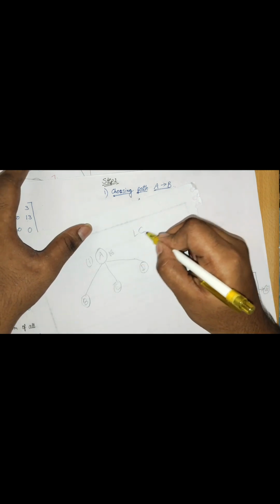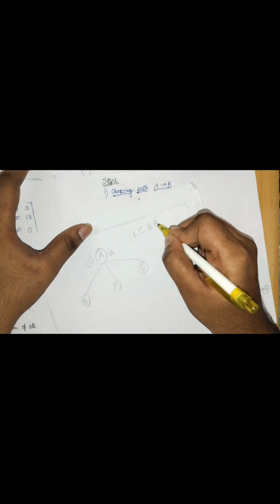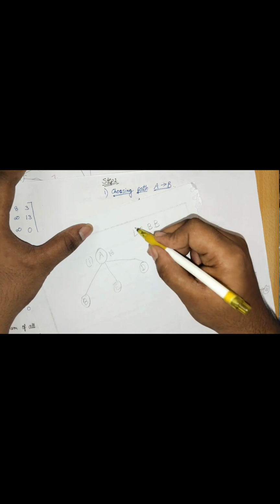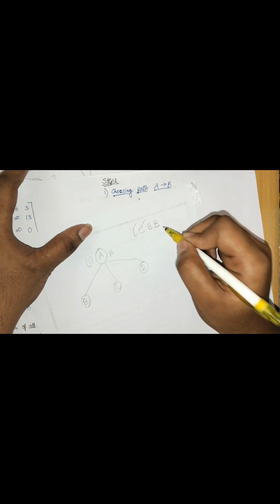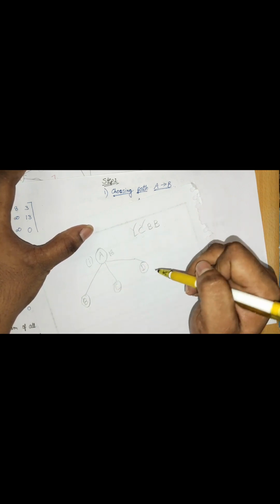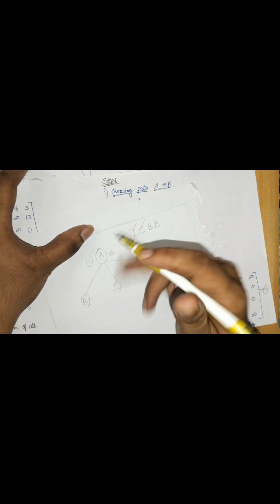See here we are using the branch and bound technique, right? It's LCBB, like least cost branch and bound. So we have to find the cost of each and every node, and we have to choose the minimum cost node. Okay. Now let's go to step 2.